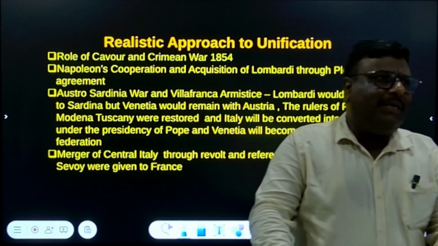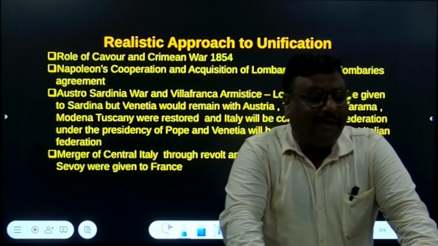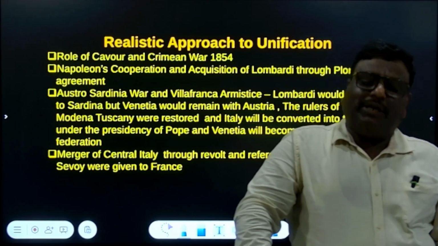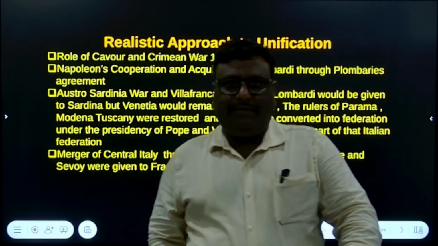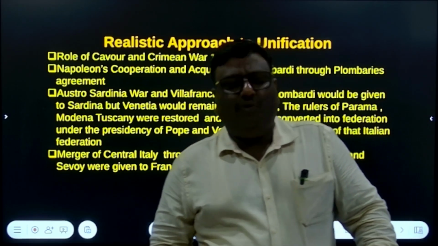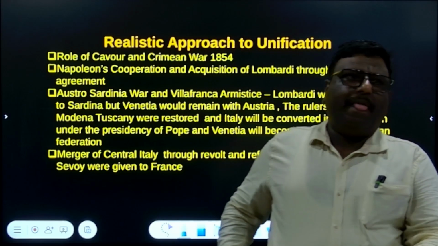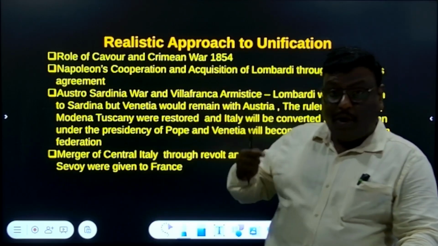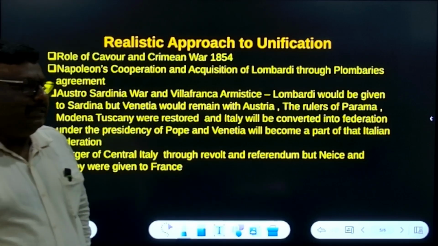It was unanimously accepted by all that the Austrian yoke must be removed from Italian soil. But anyhow, Austria recontrolled the defeated states.